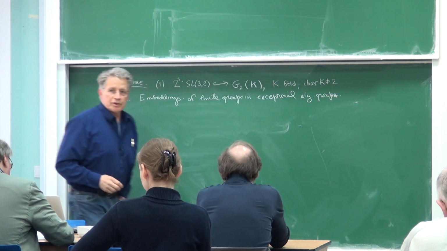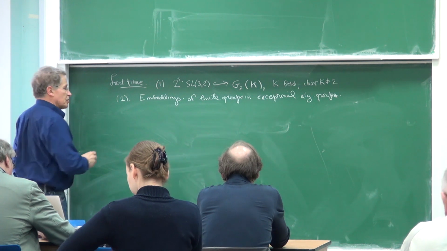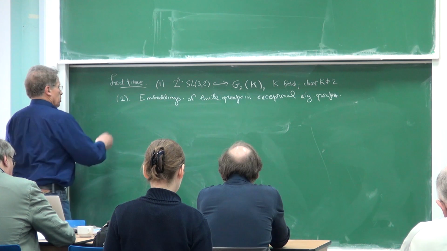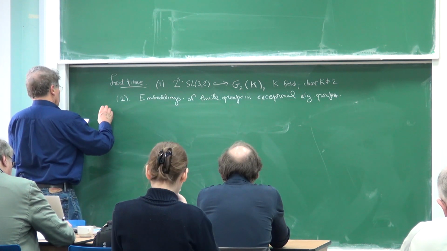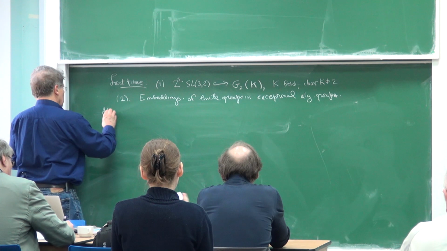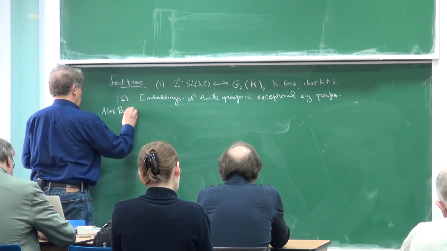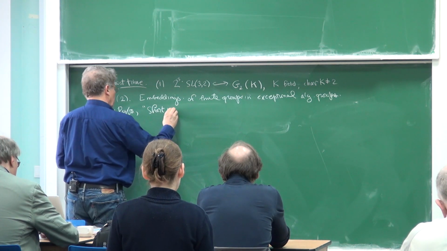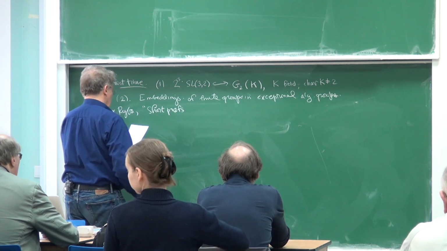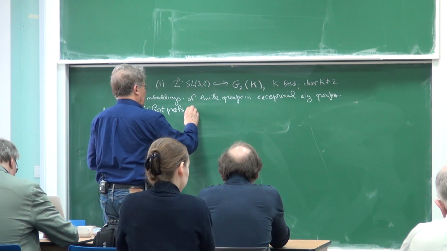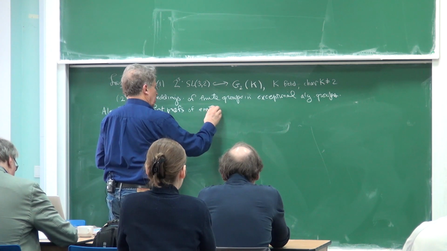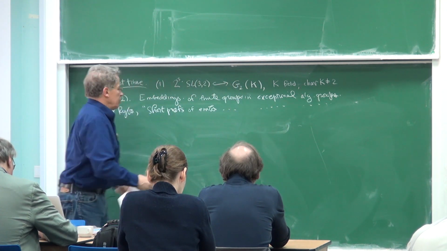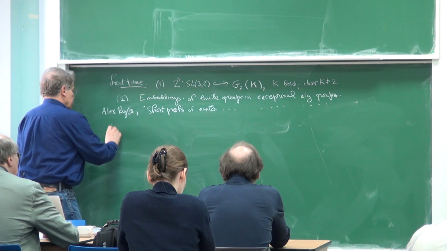Last time I gave a list, and I made some comments on special cases, and I want to call attention to the paper by Alex Riba called Short Proofs of Embeddings in Exceptional Algebraic Groups.